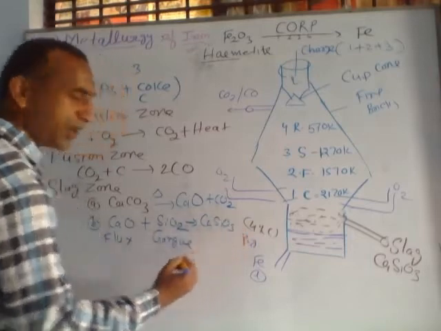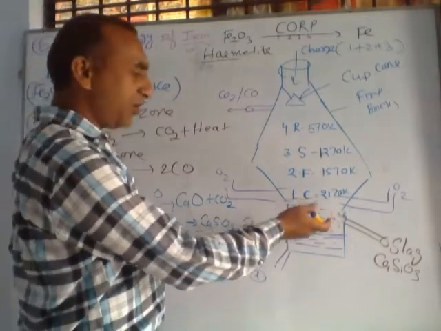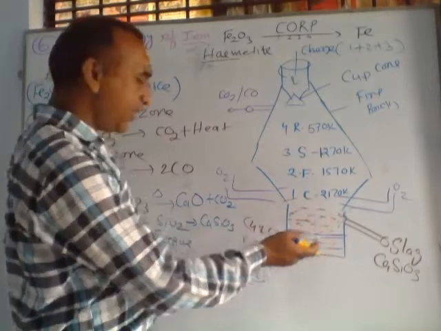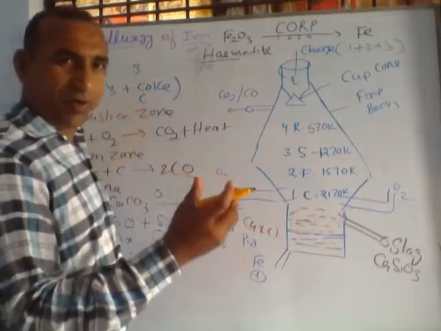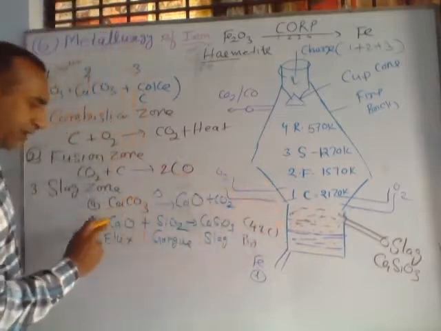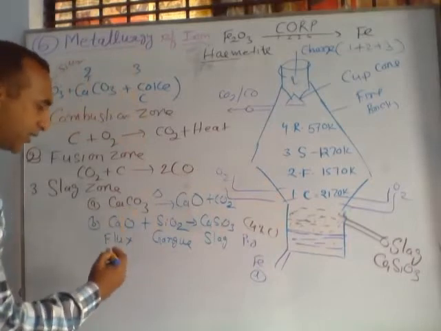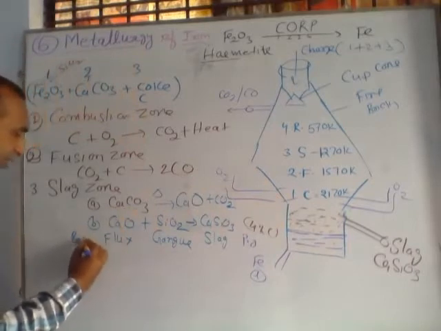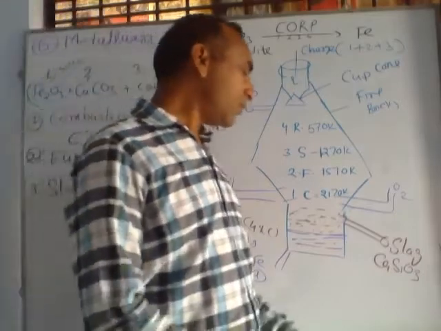This calcium silicate settles down but it is lighter, so it floats on the surface of molten iron. This is called slag. So slag is the compound formed by flux and gangue. Here flux is calcium oxide, which is basic in nature. So this is basic flux, this is gangue, and they form slag.